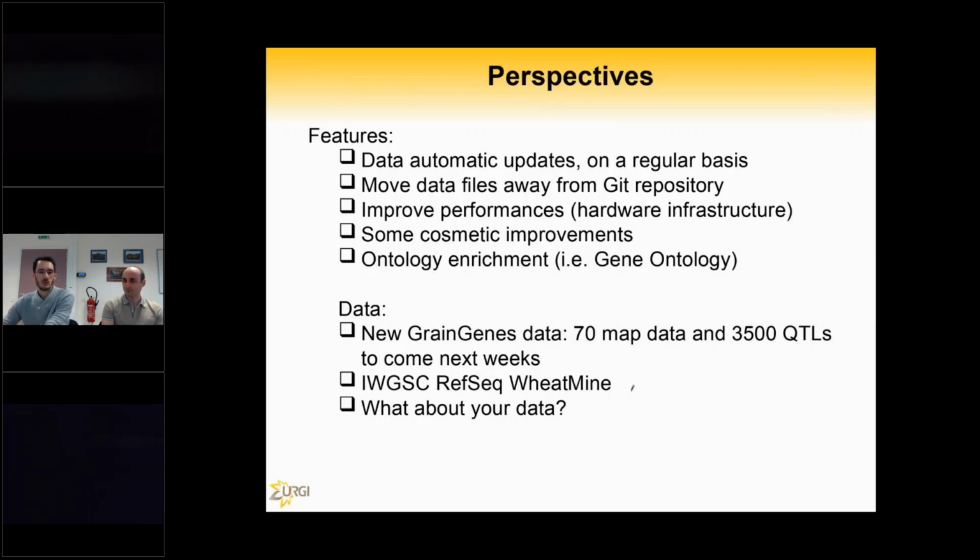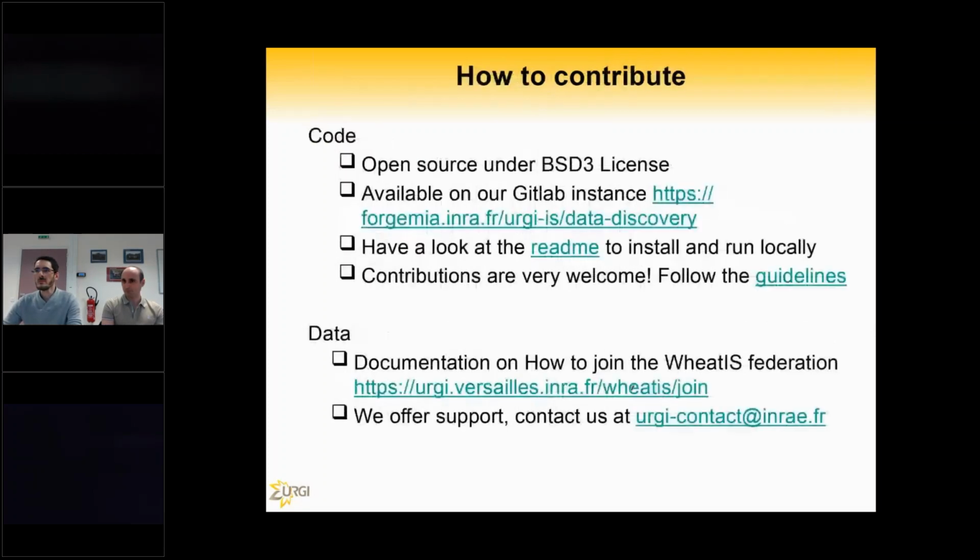The question is about your data. If you have a web service or data you would like to make visible in the WheatIS, you are really welcome to contribute. And you have two possibilities for contribution. You can contribute to code. The web application is available under a BSD open source license. It is available on our internal GitLab instance.